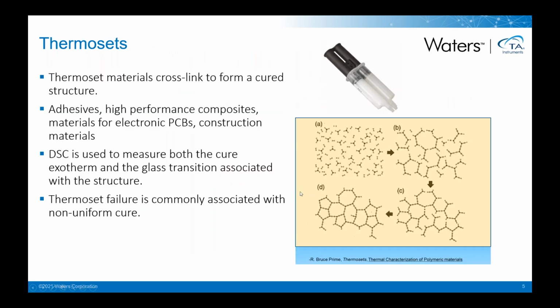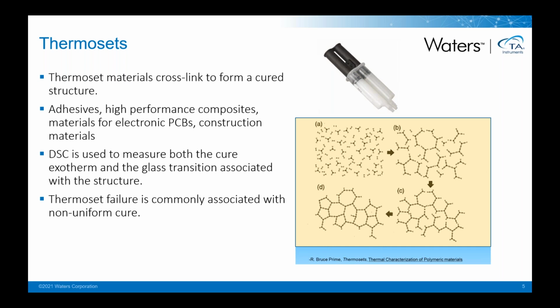If we look at some basic polymeric materials, we'll present thermosets. Thermoset is a cross-linking material. Most of us might be familiar with it in our 2-part epoxies, the 5-minute, 1-minute, 10-minute epoxies that we work with. Thermosets are commonly found as adhesives. They're sometimes used in high-performance composites.